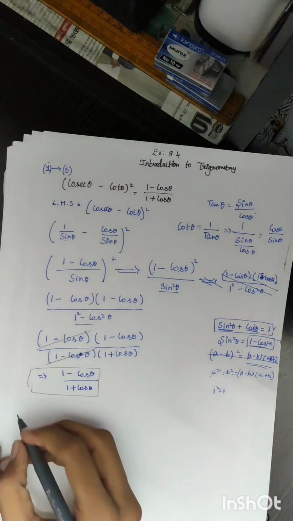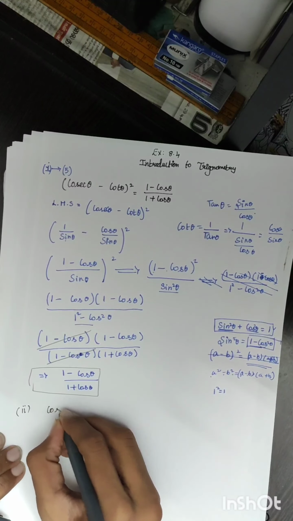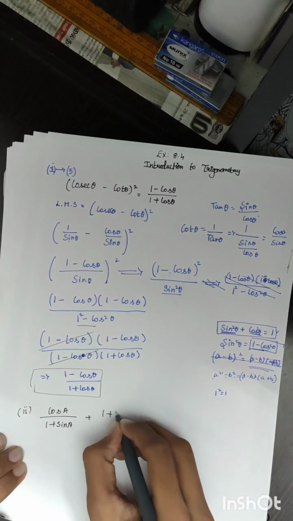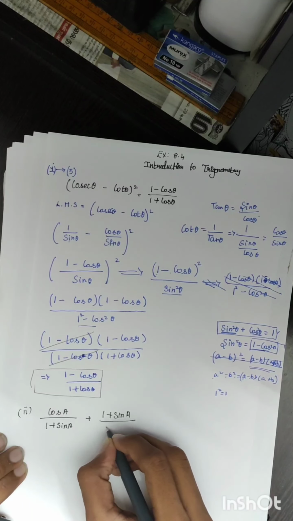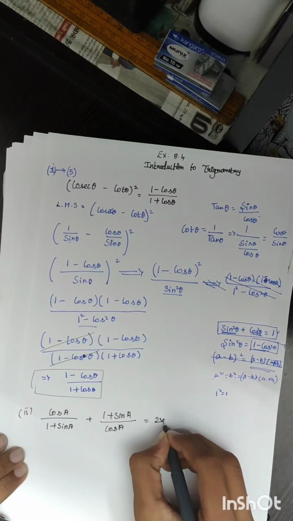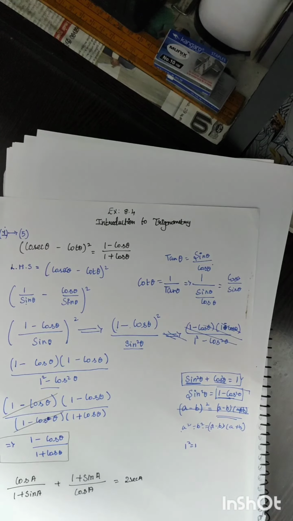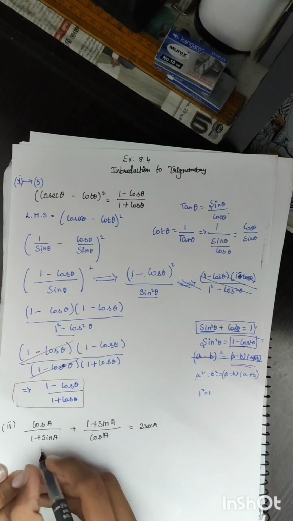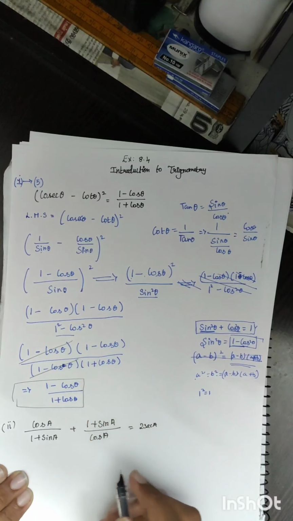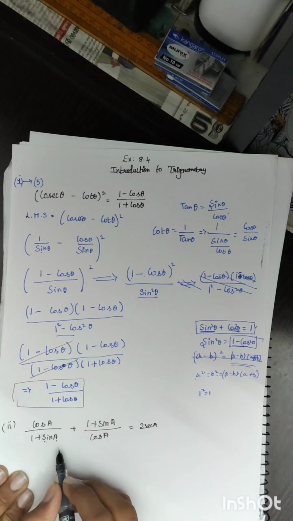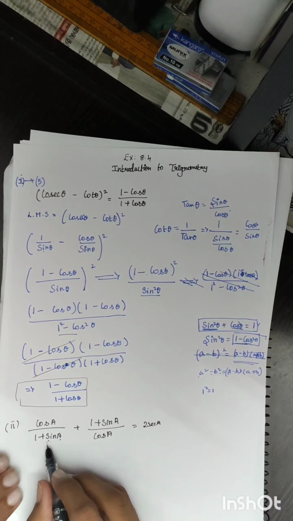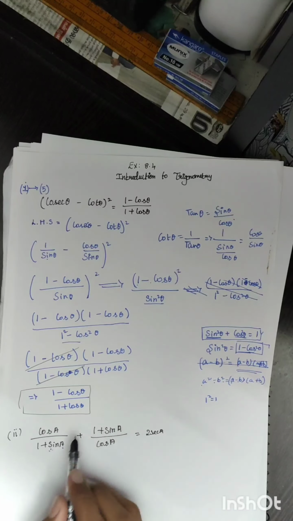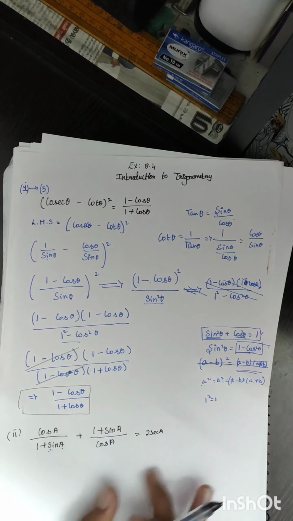Next is the second question. The second question says that cos A by 1 plus sin A plus 1 plus sin A whole divided by cos A is equal to 2 sec A. Okay, so instead of changing the values, first let me simplify this.